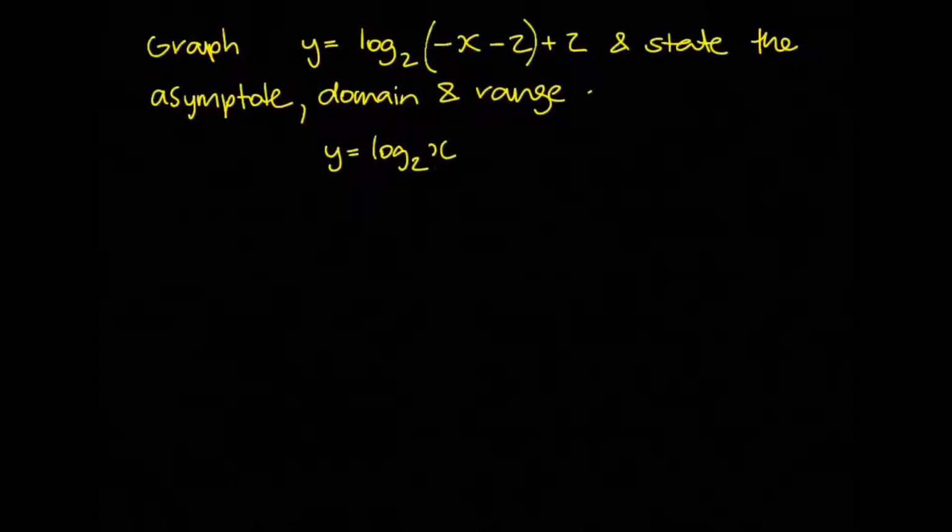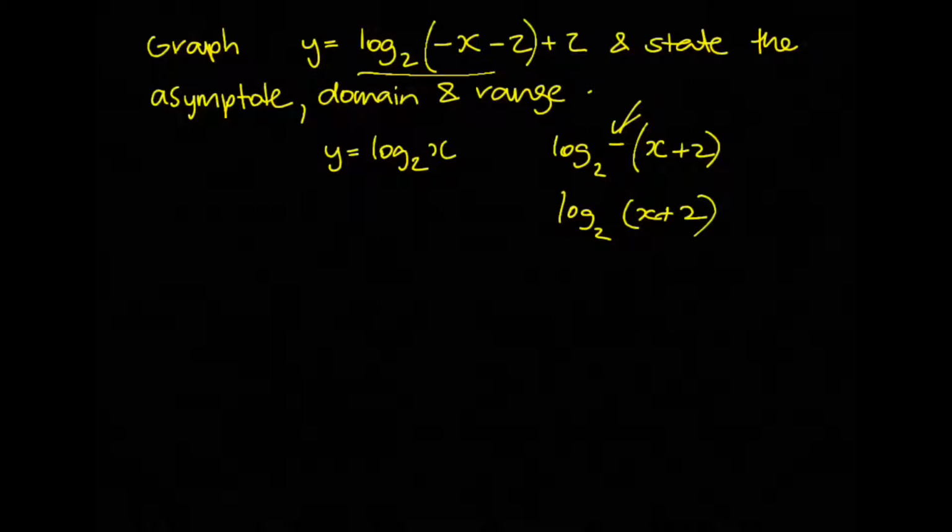So we've got this here is actually log to the base 2 of negative of (x plus 2). So the negative is going to reflect the graph of log to the base 2 of x plus 2 about the y-axis.